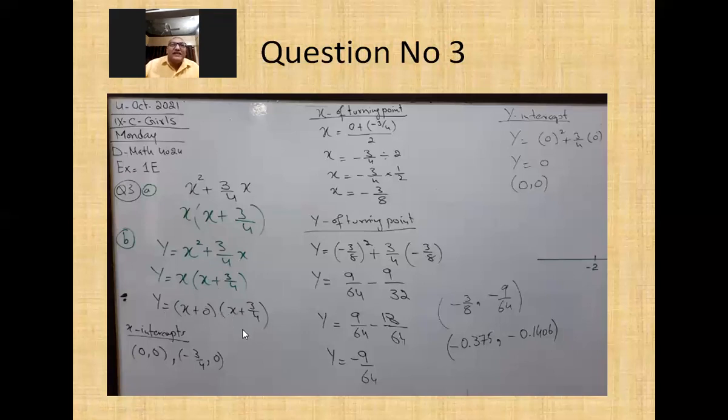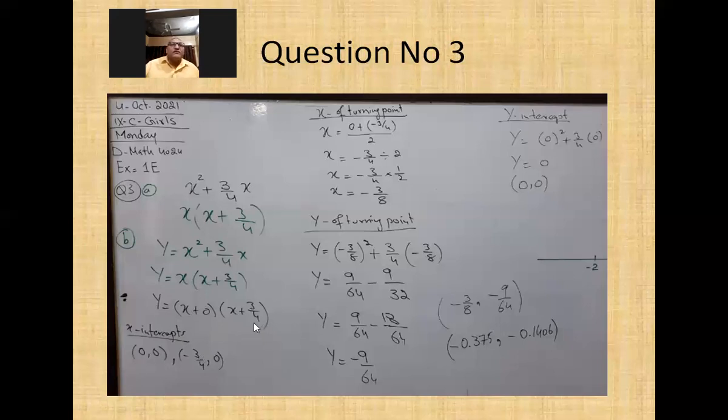Now you can clearly understand that this is the x-intercept form. When the equation is like this, y equals x plus 0 and x plus 3 by 4, these constant numbers in the two brackets represent the x-intercepts. So the x value will be 0, and the coordinates will be 0, 0.